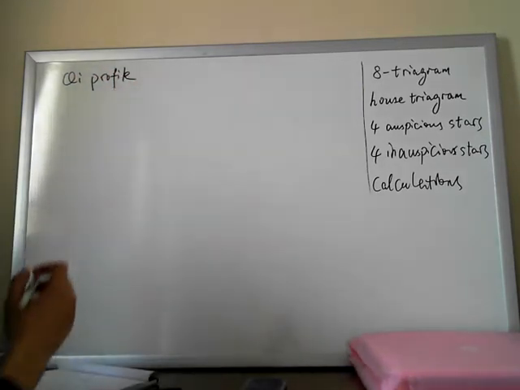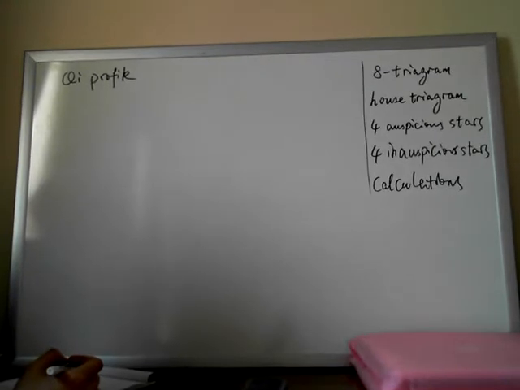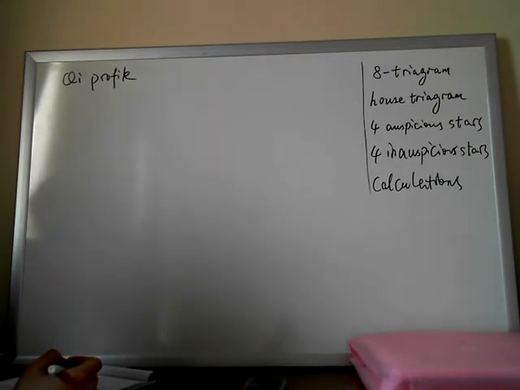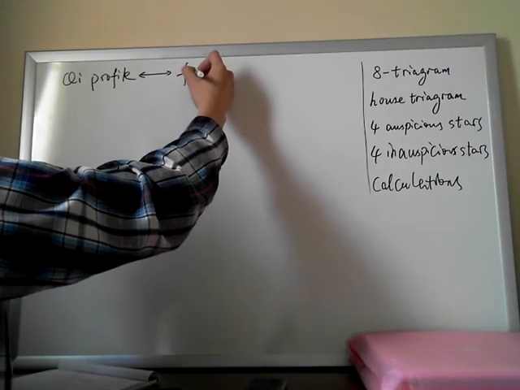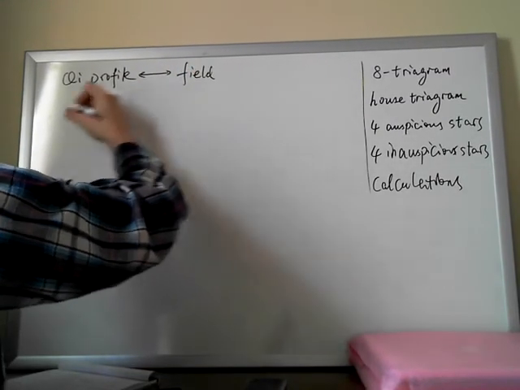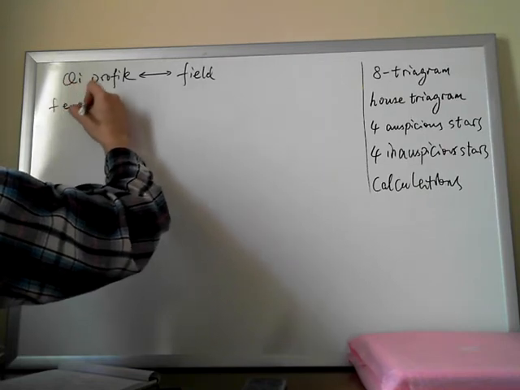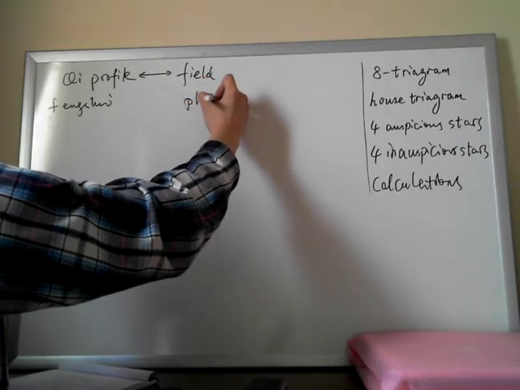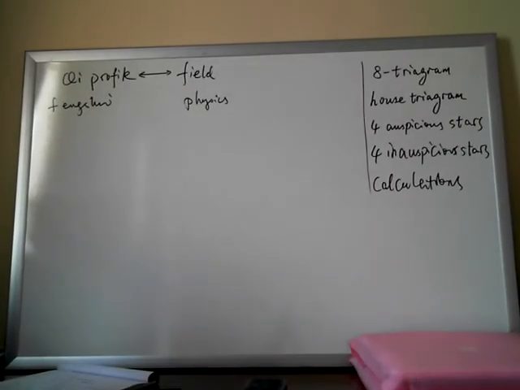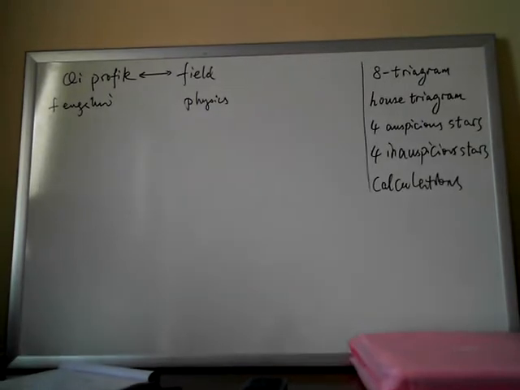The concept of the qi profile, I would say, is similar to the concept of a field in physics. It occupies the space. It creates a condition in the space, but it's just hard for you to measure it.